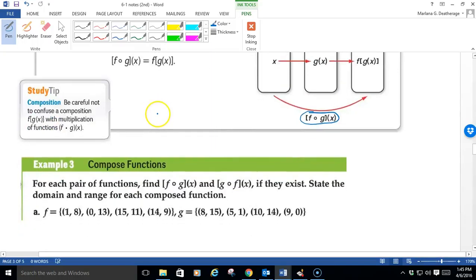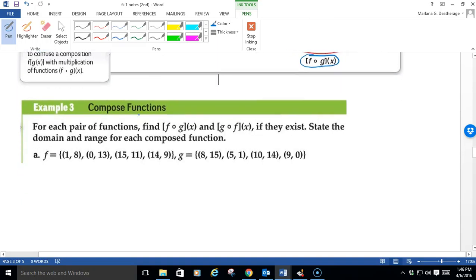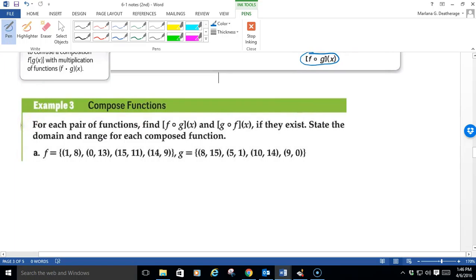Alright, so example 3a. For each pair of functions, find f of g of x and g of f of x if they exist. State the domain and range for each composed function. Alright, so here's our f function. These are your x values. These are your y values, also known as f of x.